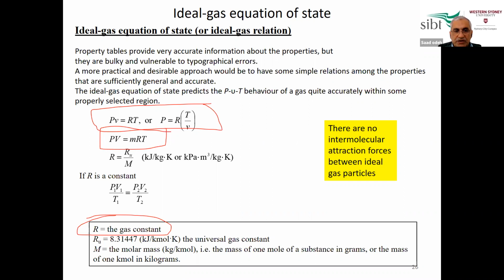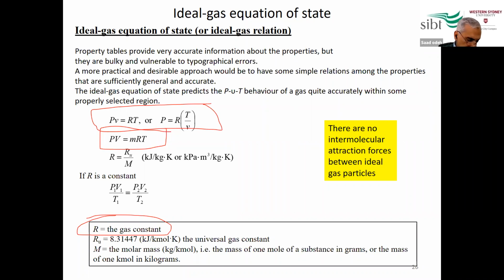So for example, air has a different value from helium, or a different value from hydrogen. So each gas has its own R value. So if you know the R value, which is constant, most likely we can get it from tables.